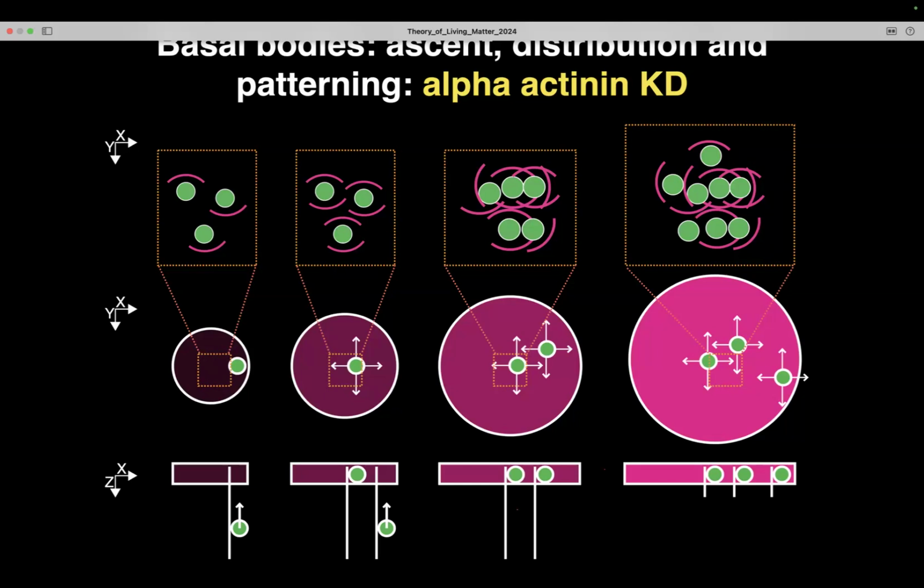And because there's no cross-linking of the actin network, there's no separation of basal bodies. Therefore, the basal bodies are getting clamped together. And this is the reason why, even though you have a normal relationship between the size of the apical domain and the number of basal bodies, the basal bodies are getting clamped, and the local density of basal bodies is increasing.